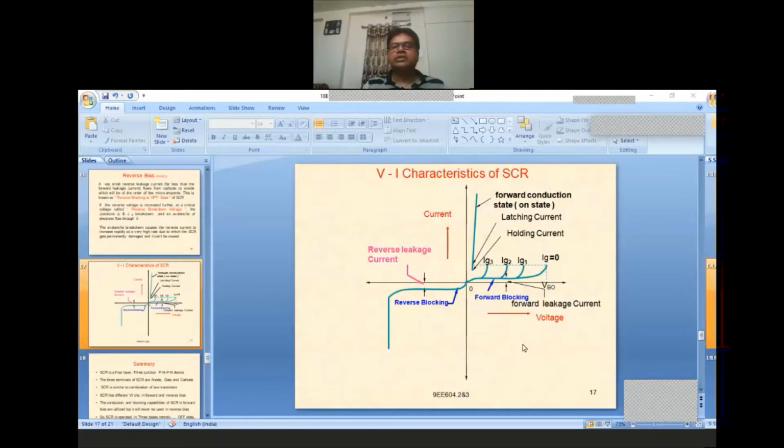It acted just like a two-terminal device only. Because of this condition, it requires very high voltage to get broken down and enter into conduction mode.